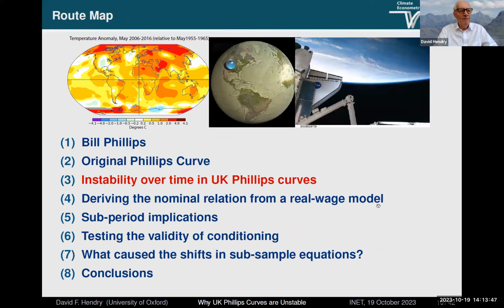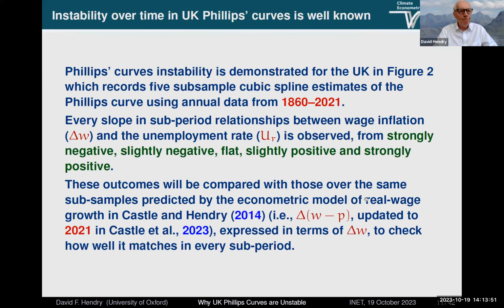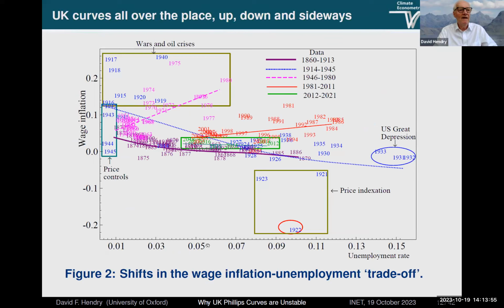However, Bill only fitted it to the pre-First World War data. And I'm going to demonstrate instability, and again, come back to this slide and show you just how unstable they are. And the curves are, there's the one that Bill Phillips had. This blue one is the First World War through to the Second World War.